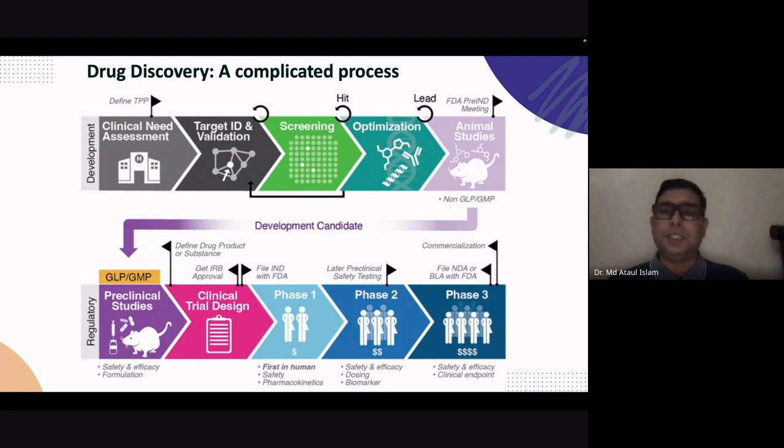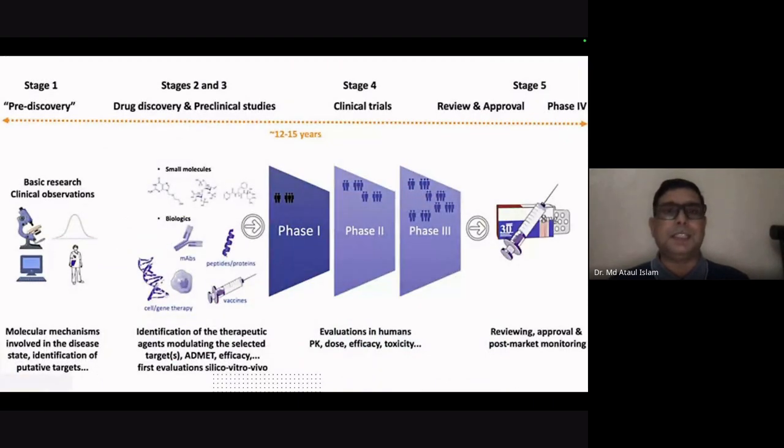So yes, we know that it is a very complicated method. Here you can see how complicated it is and how much time is required. Even with good funding and good infrastructure, from beginning to end it takes around 15 years to find one drug molecule, and the success rate is extremely low. Overall, drug discovery is not an easy task.